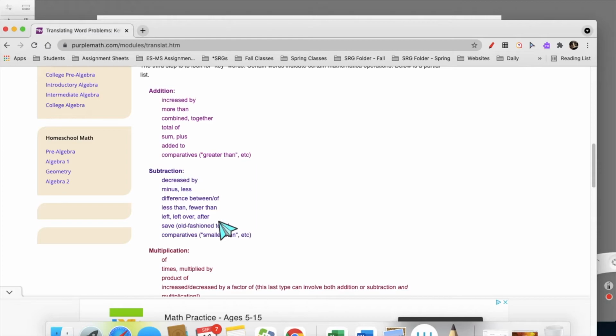Save, this is kind of a very old one. I've never actually heard this one used in any modern math book, so we can probably ignore that one. And comparatives, again, smaller than instead of greater than. Now we're looking for something that's going down.